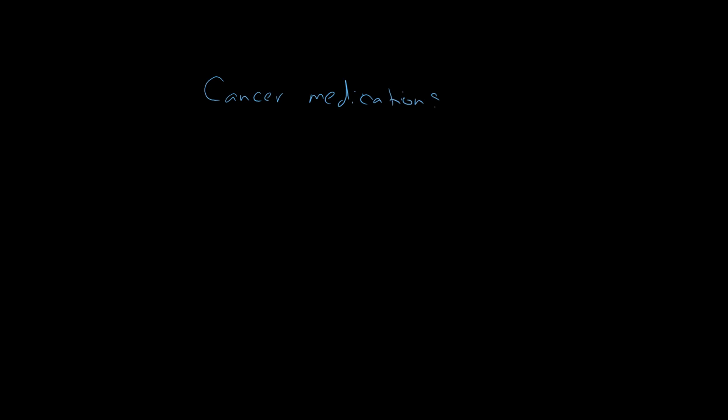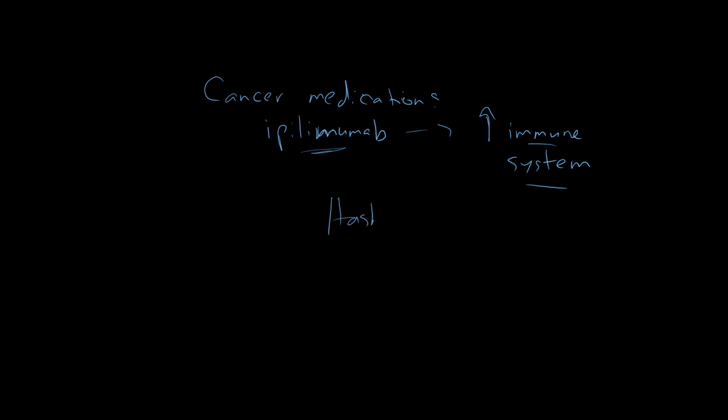So cancer medications like one called ipilimumab work by increasing the immune system, and the purpose of this is to have your own immune system go after the cancer. And when cancer patients who have bad cancers are given these medications, this is just one example of them, and get their immune system ramped up, they often develop autoimmune conditions, including Hashimoto's thyroiditis.